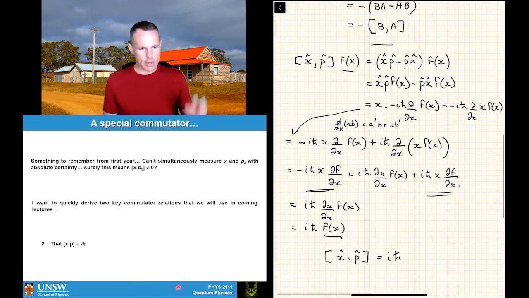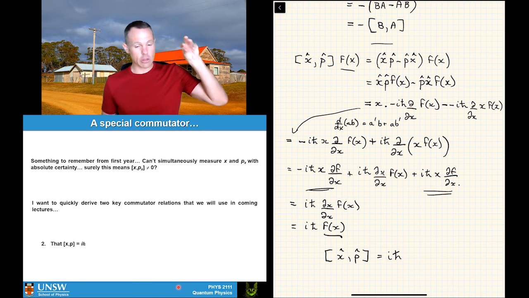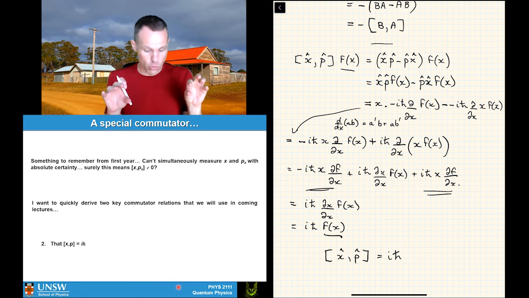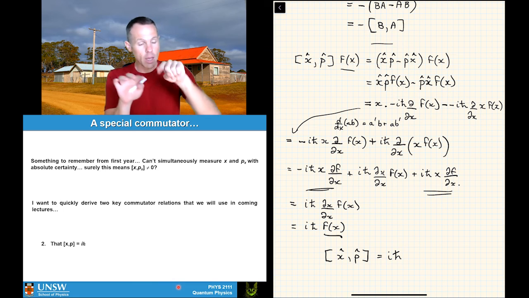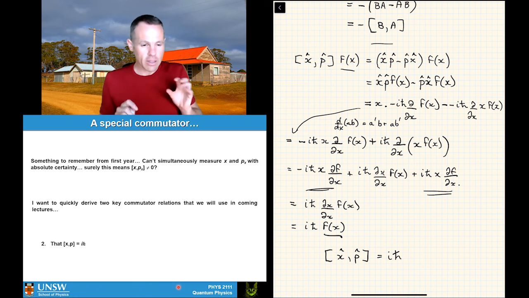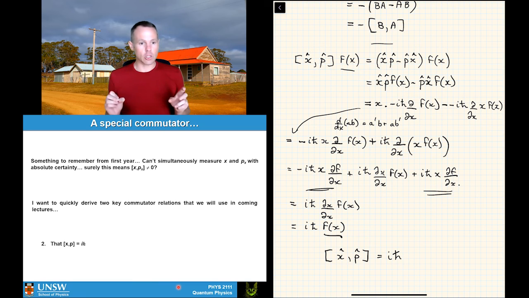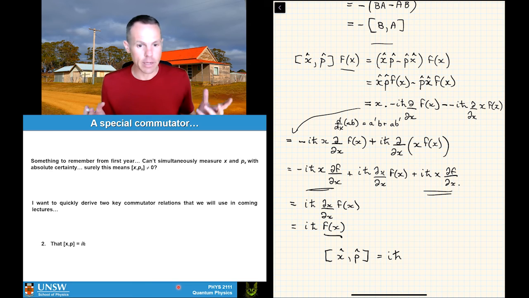And all I've really done there is just used the function that I've put in there as a placeholder to enable me to work through the derivative and cancel out two of the three terms that get me to the final answer. This is a really, really common approach whenever you've got differential operators or function operating operators in quantum mechanics or any place where you're doing operator mathematics.